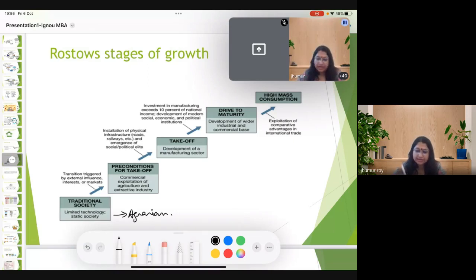So that is an agrarian economy. Then what happens? Slowly you start with a little bit of manufacturing and other things, and you come to the precondition for takeoff. Here also you're not taking off. Your economy is not growing that much, but at least you will start with the manufacturing sector.